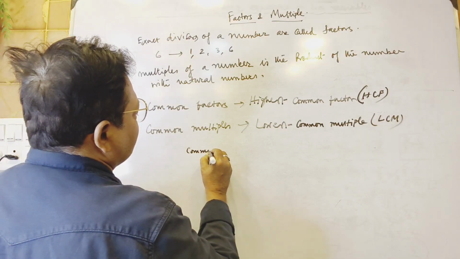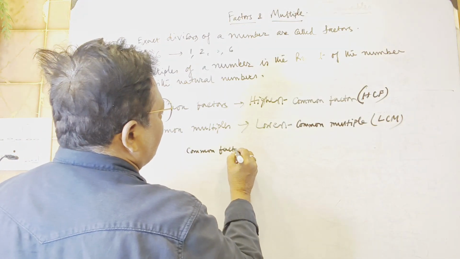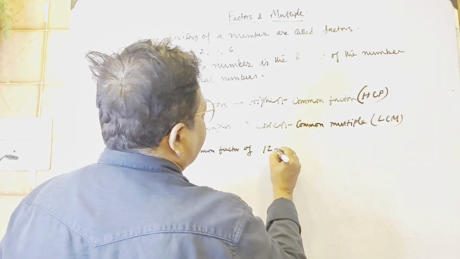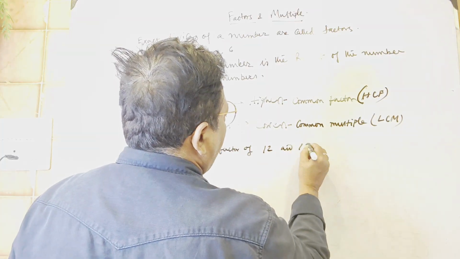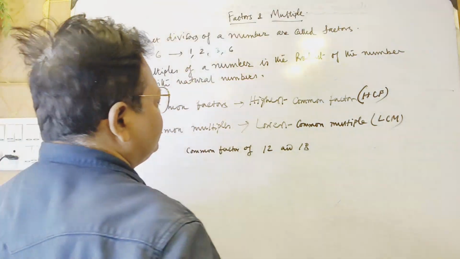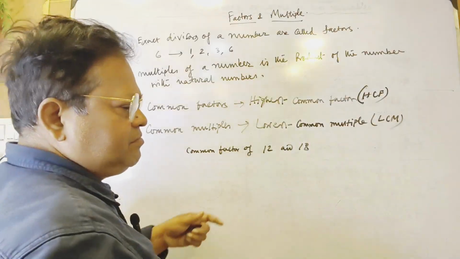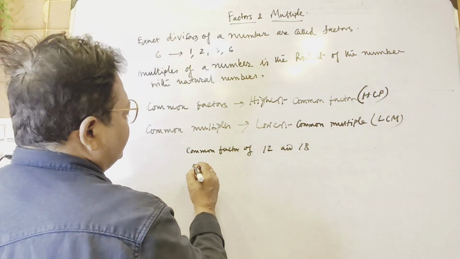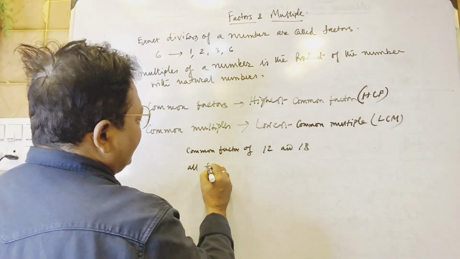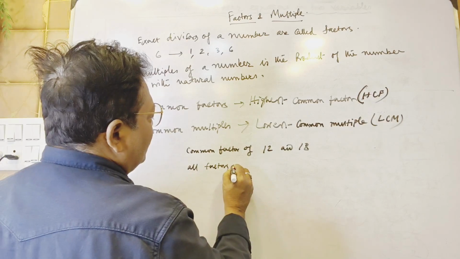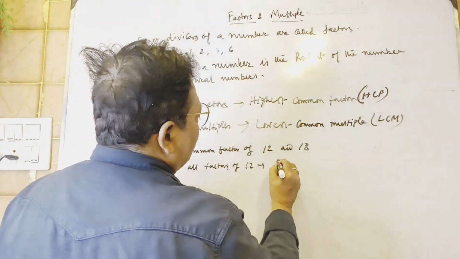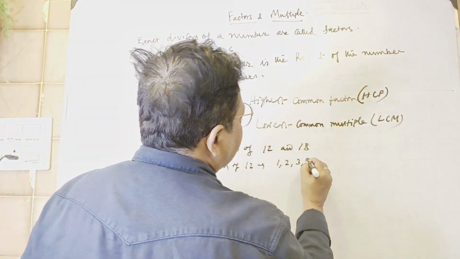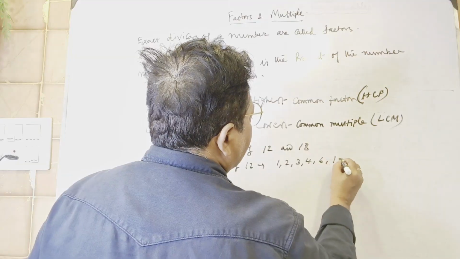And at first, suppose you are asked to find the common factors of 12 and 18. So at first you will find all factors of 12: 1, 2, 3, 4, 6, 12.